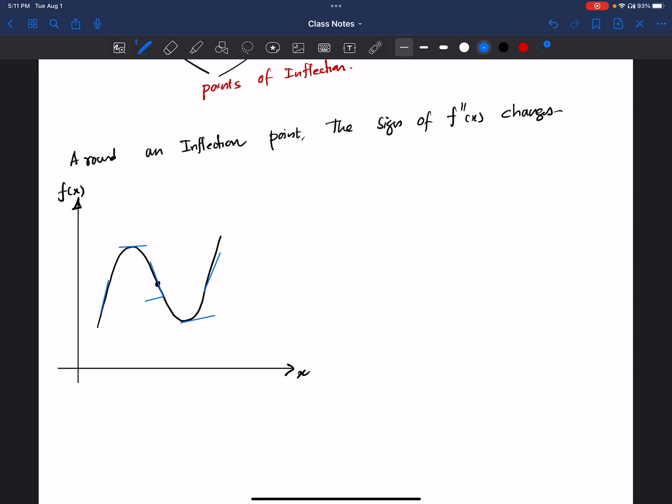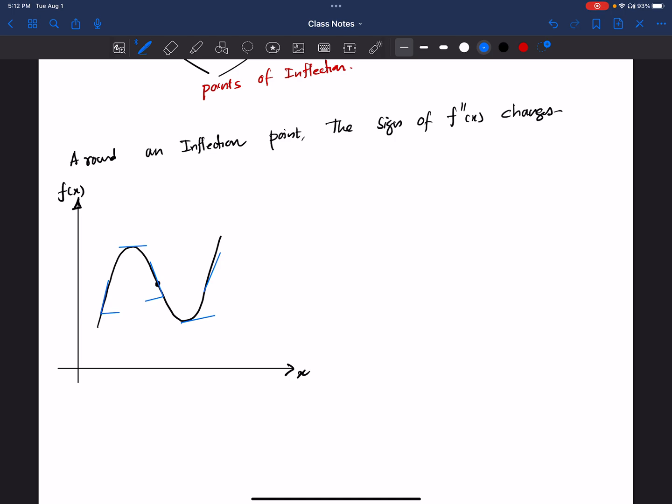So we have positive, goes back to 0 and becomes negative, and goes back to 0 and comes up again.